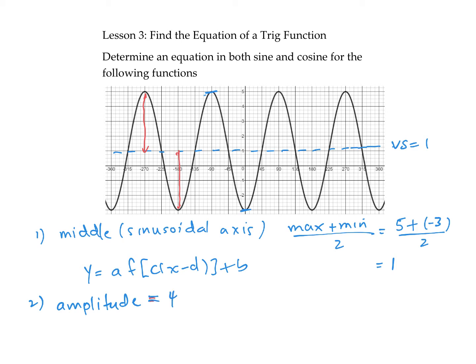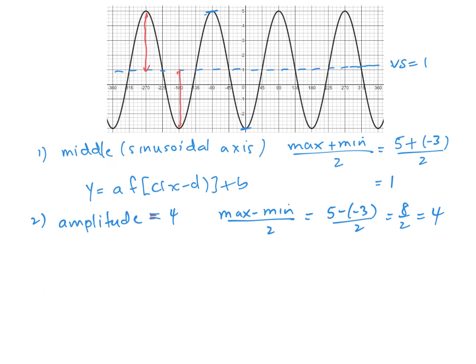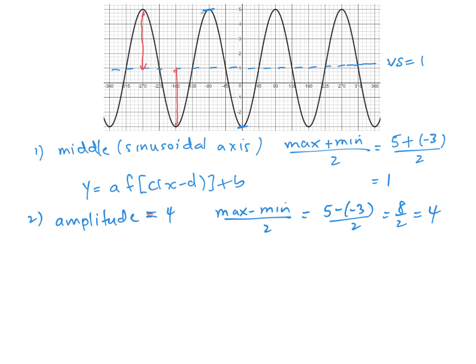If you want a formula for amplitude, it is the maximum minus the minimum divided by 2. So it would be 5 minus -3 divided by 2, which is 8/2, which is 4. Either way, whether you do a calculation or just count, that is fine. So that is our a value. Right now we know a is 4 and we know b is 1.